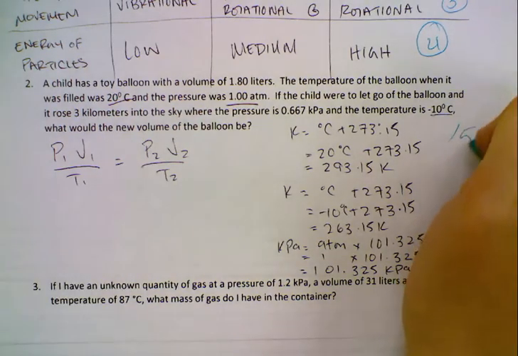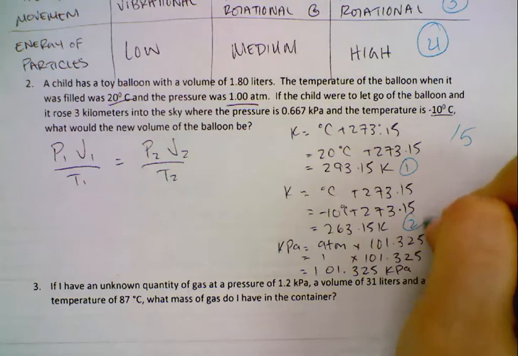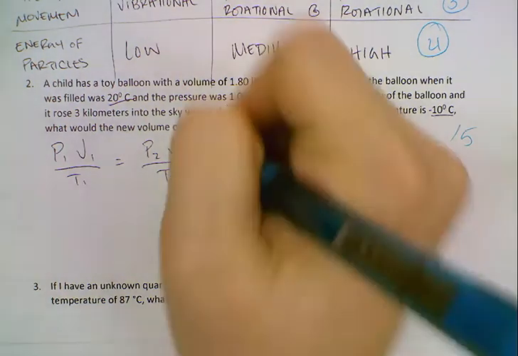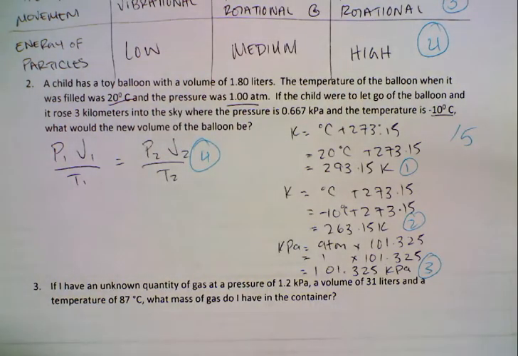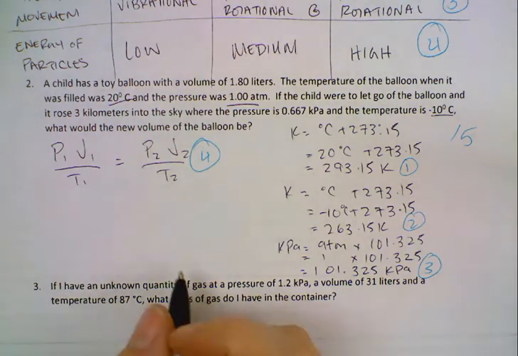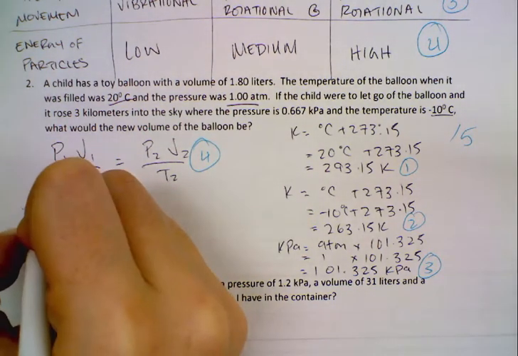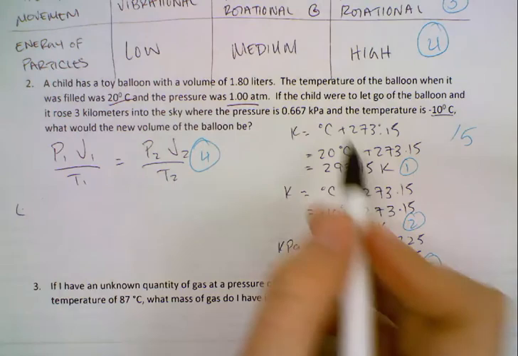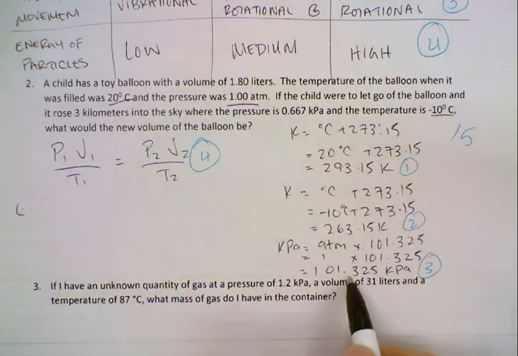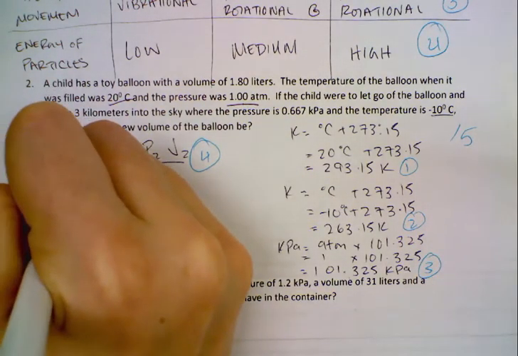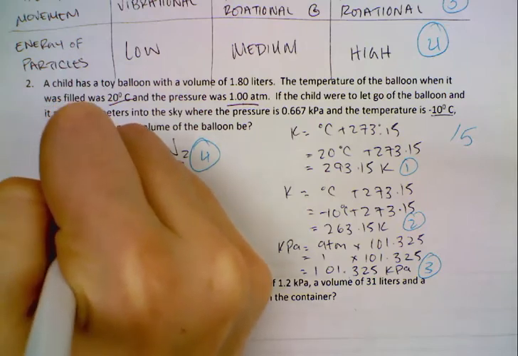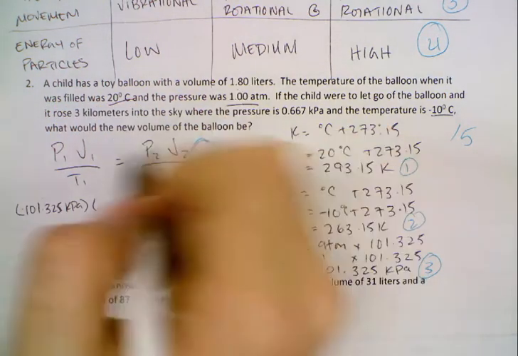Okay, this question's out of 5. Your first 3 marks would actually just be for doing these conversions correctly. Your 4th mark would be for showing your formula. Now we just have to plug all these numbers in. So our first pressure was at 1 atmosphere, which we converted here. Our first volume is given to us in the question.